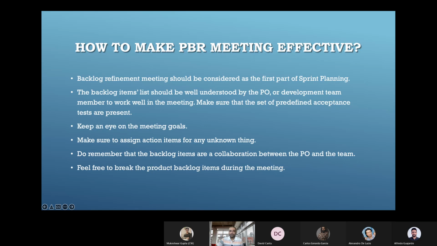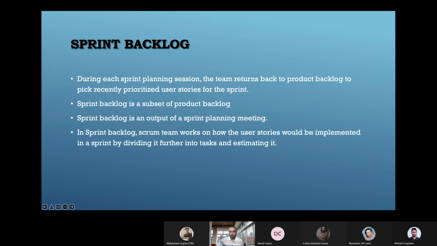Okay, so moving forward, now coming to the sprint backlog. The product backlog is one backlog from the start of the project till the end of the project, and the sprint backlog will be different for different sprints.